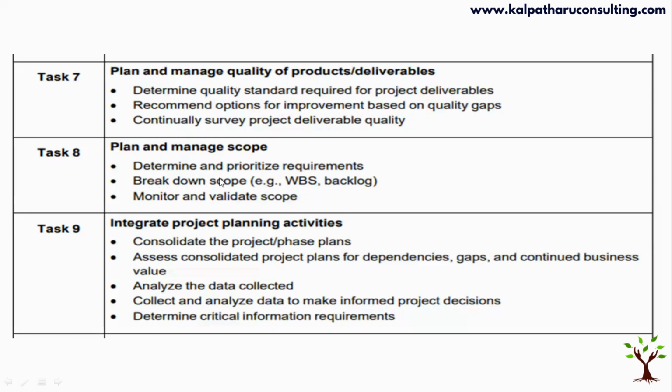Basically, when it comes to scope, you need to understand scope is what you're going to build in the project. The scope can be product scope and project scope. Your scope management is all about ensuring that you're building things based on the scope which has been defined. Nothing more, nothing less. So what are the steps involved in scope management?